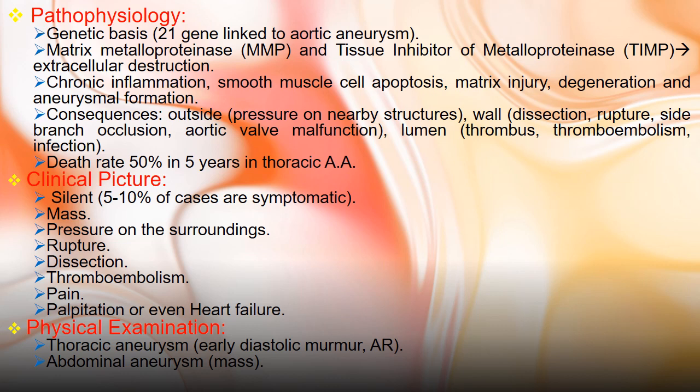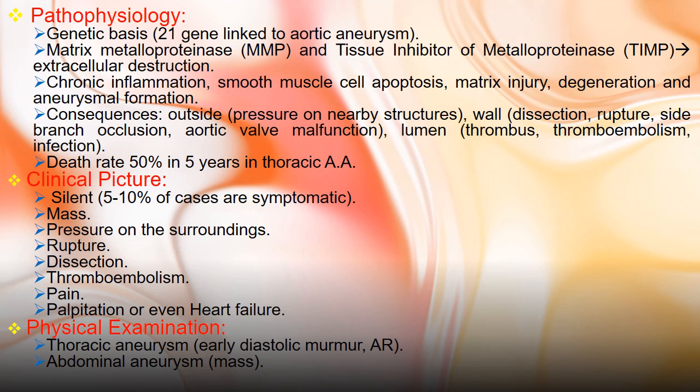It may rupture also in the nearby structures such as right ventricle, pulmonary artery, right atrium, trachea, lungs, duodenum, peritoneal cavity, pleural spaces. There may be acute dissection which causes severe pain. We will discuss later on.